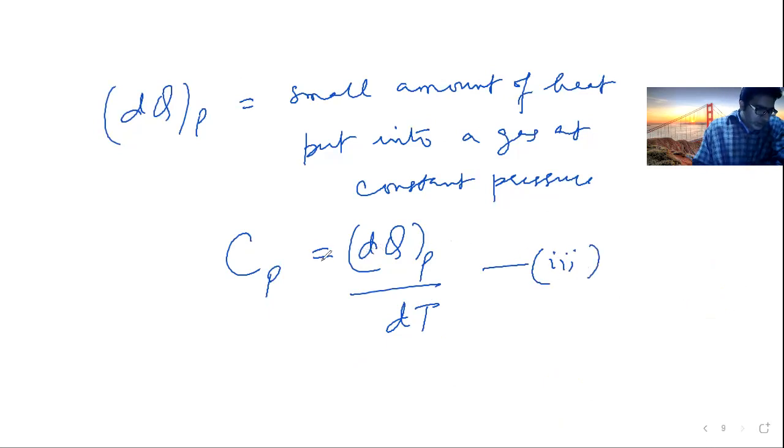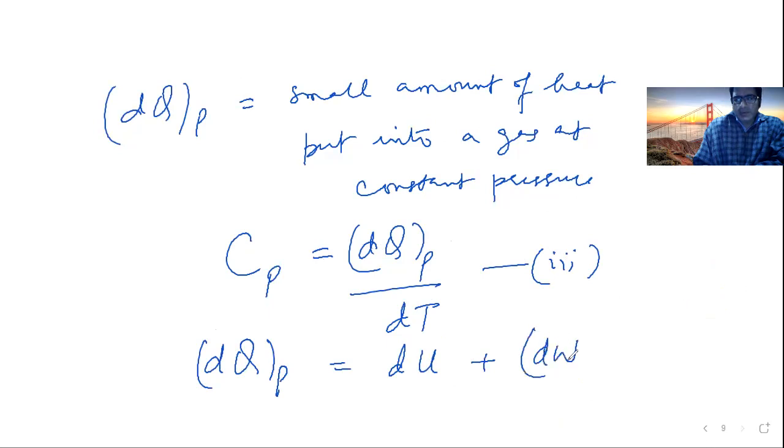By using first law of thermodynamics, I can write dqp is equal to dU plus dw subscript p. dqp is heat put in the system at constant pressure. dU is change in internal energy of the system. Here we are talking of an ideal gas. Plus dwp is what? Work done by the gas at constant pressure, right?